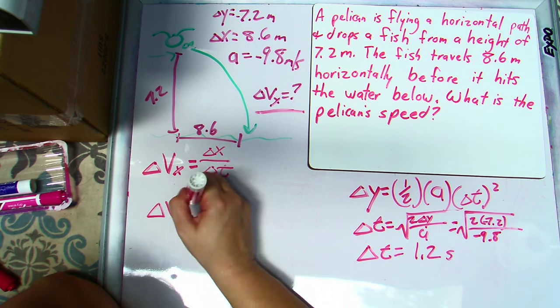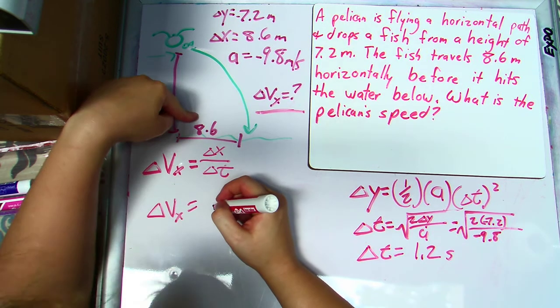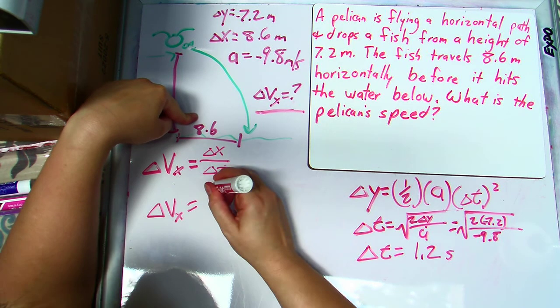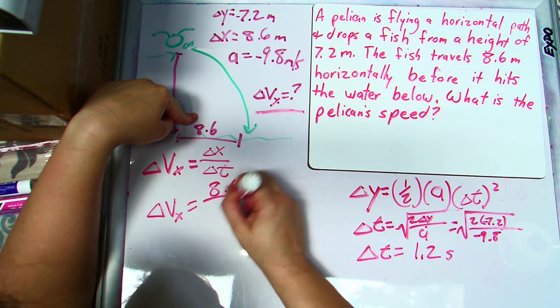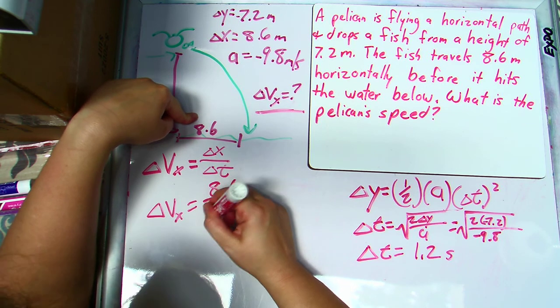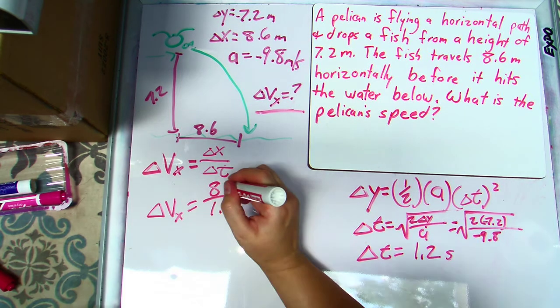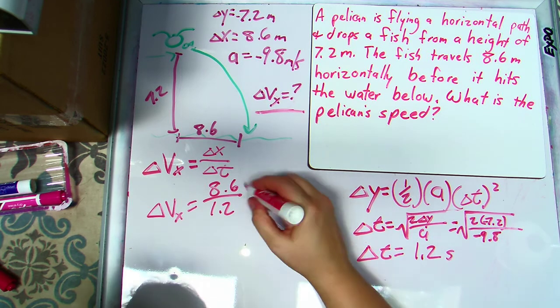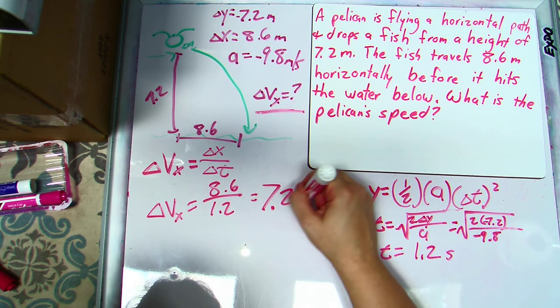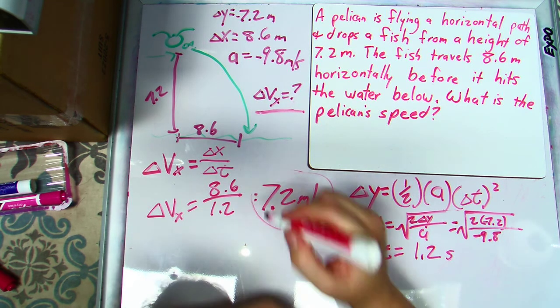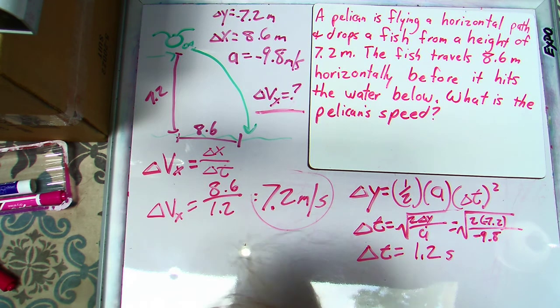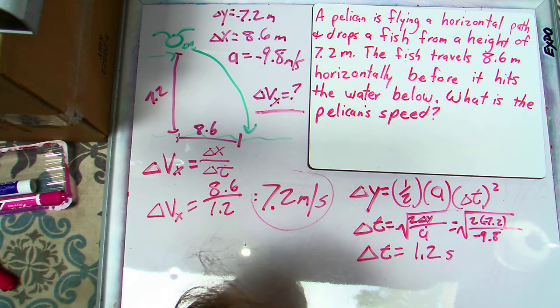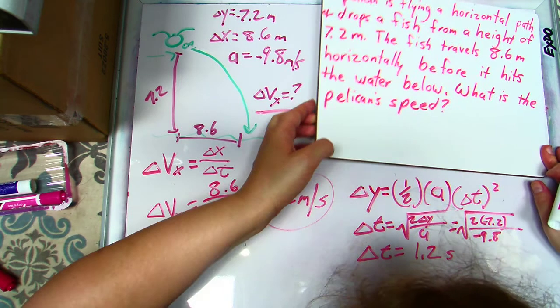Delta Vx equals our delta x, which is 8.6 meters, divided by our time, which is 1.2 seconds, and we get 7.2 meters per second. So that is the velocity of the pelican. So not horrible. Not horrible at all, I hope.